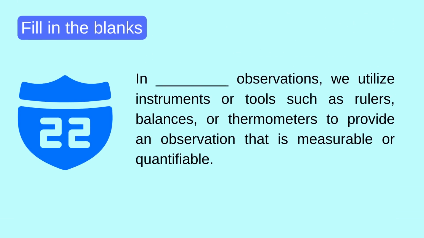In blank observations, we utilize instruments or tools such as rulers, balances, or thermometers to provide an observation that is measurable or quantifiable.